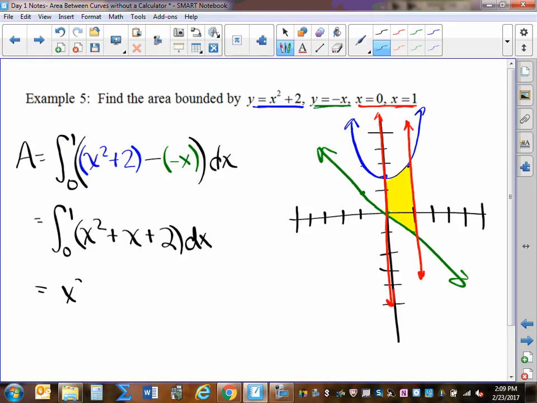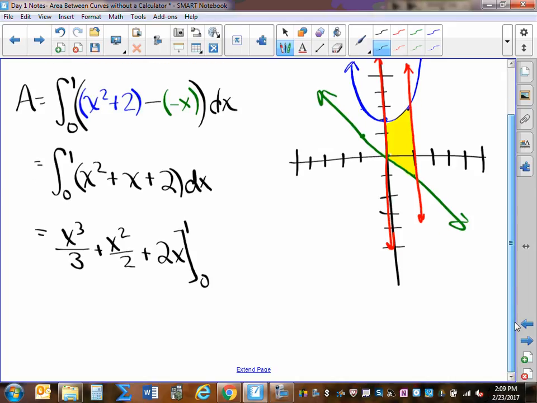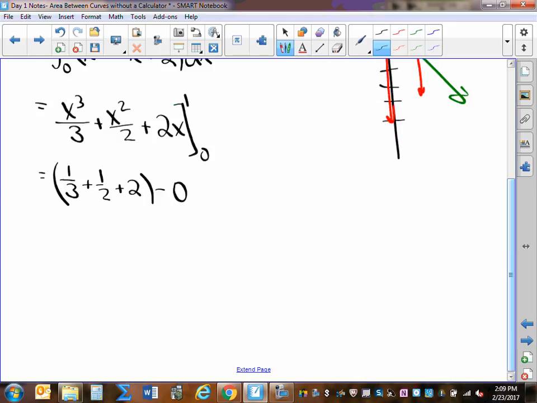So we have x cubed over 3 plus x squared over 2 plus 2x evaluated from 0 to 1. And then we just go ahead and evaluate. So that's 1/3 plus 1/2 plus 2 times 1 minus, if I take 0 and put it in, all of that is indeed 0. And then we simplify from there.